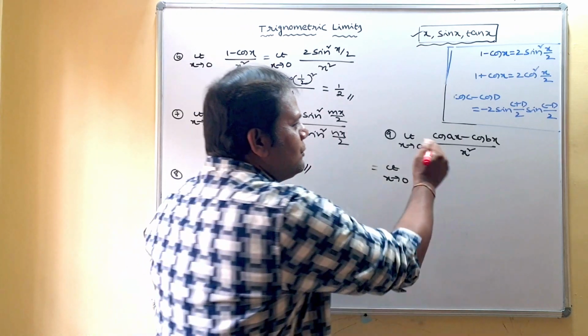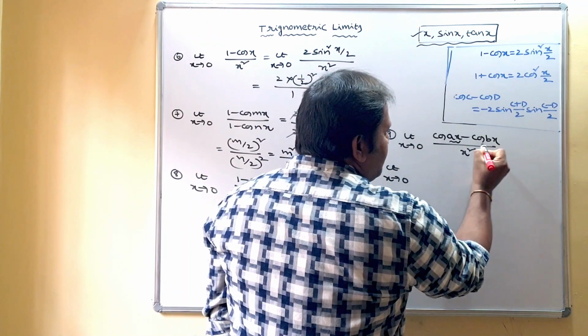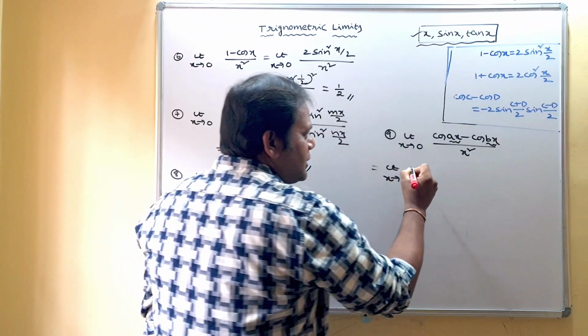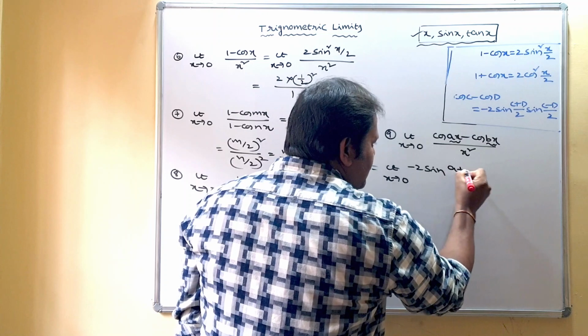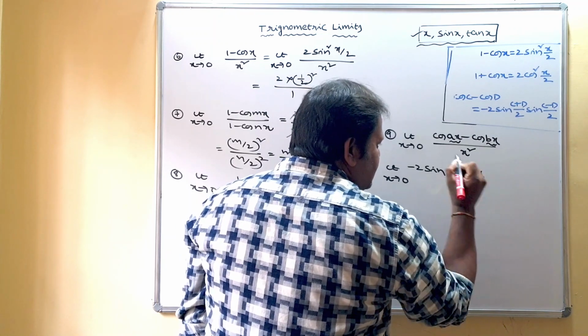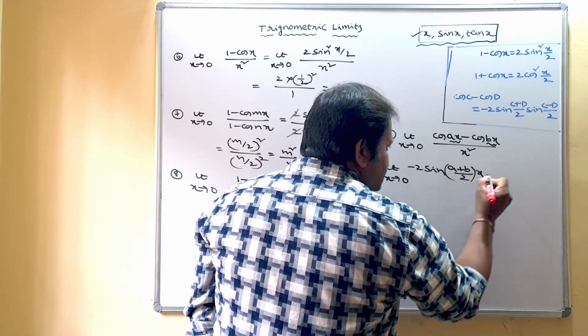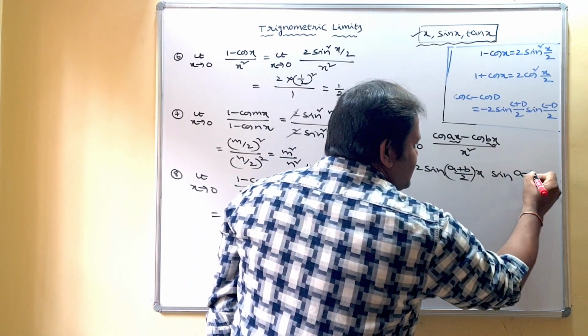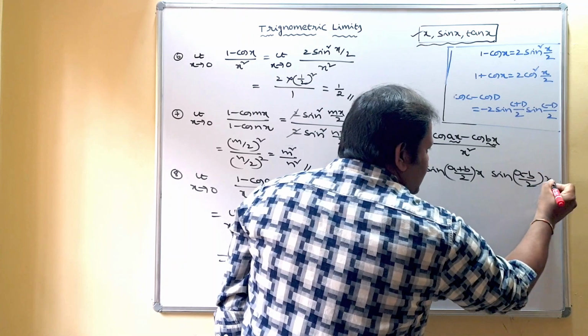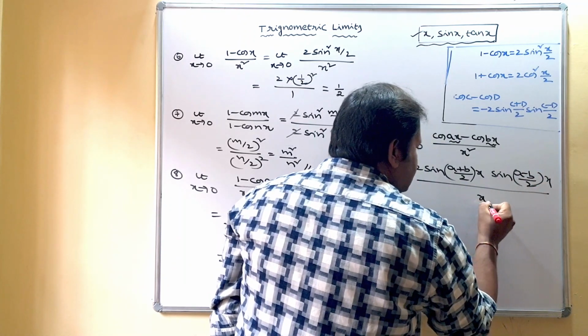So it is like cos C minus cos D. Yes, you know that. It is minus 2 sin (C plus D) by 2, so (a plus b) by 2 into x, and sin (C minus D) by 2, that is (a minus b) by 2 into x, by x square.